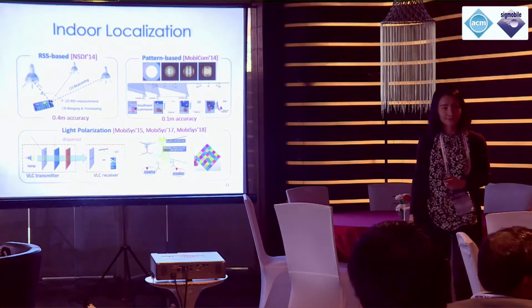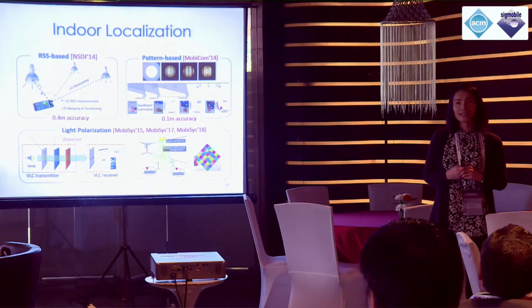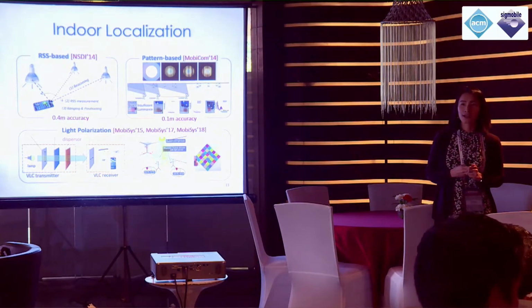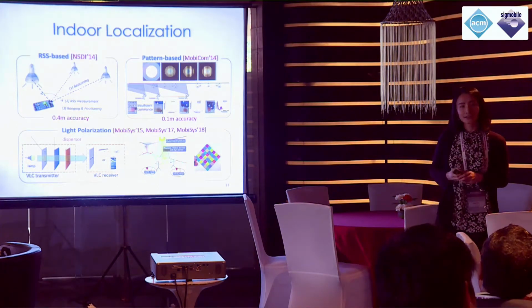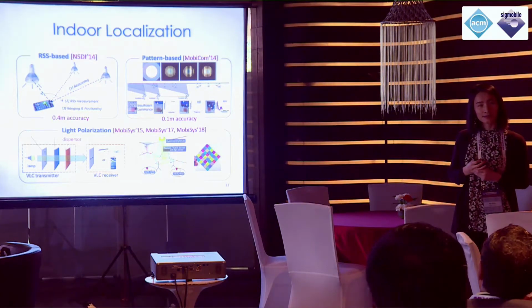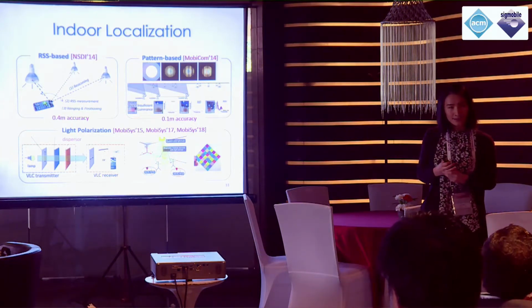Yes? So in the literature, do you know how many different levels of polarization people have used so far? I don't recall right now. So in that example where you were using light polarization to separate different lights, if I have 100 different lights, then I need 100 different polarization levels, right?